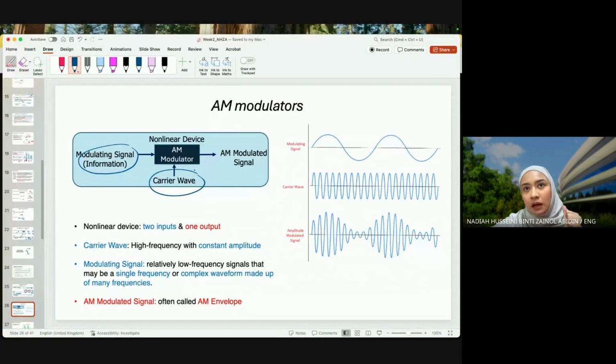Remember, the carrier wave has higher amplitude and higher frequency. When you pass these two inputs through the AM modulator, you get the AM modulated signal. This is your modulating signal. This is your carrier wave. Again, the peak is higher and the frequency is also higher. There are more cycles per second. This one has fewer cycles per second, so the frequency is lower. Combining these two, you get an envelope, the AM wave.